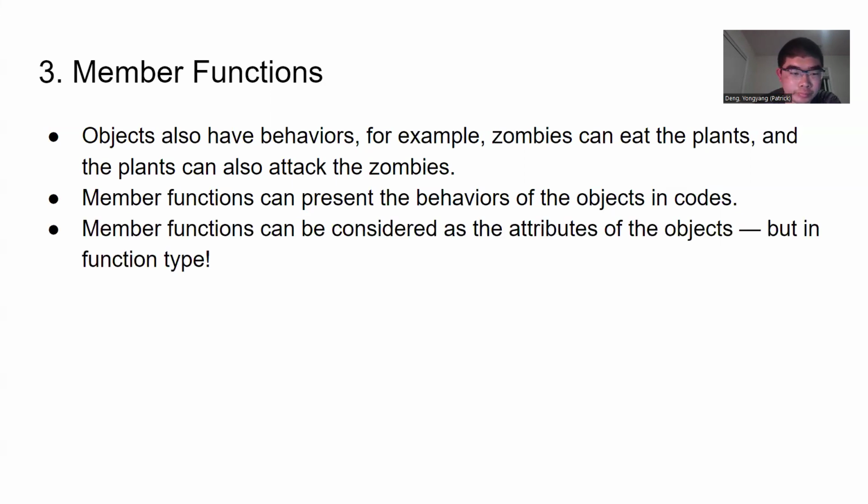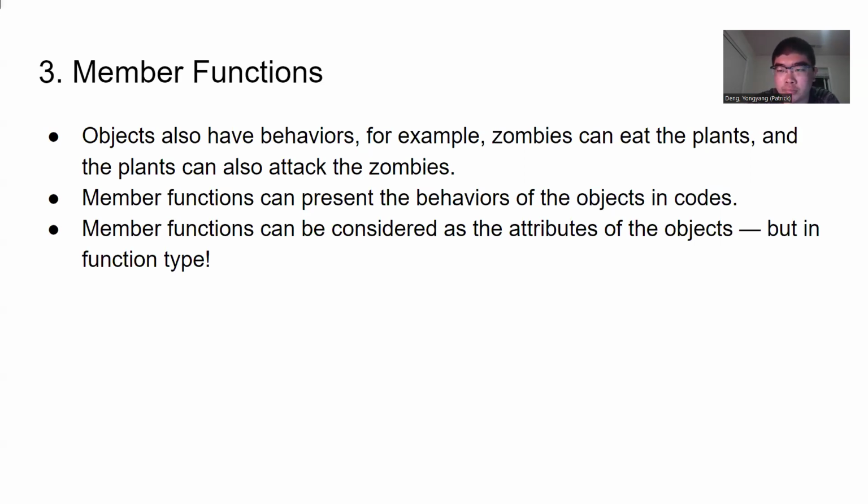Yeah. And the member functions can also be considered as an attribute of function type. The things we have been talking about are only Boolean values, integers and so on. We have speed as an integer and can move as a Boolean value. But for member function, you can consider it as an attribute too, because a behavior of a person can be an attribute.